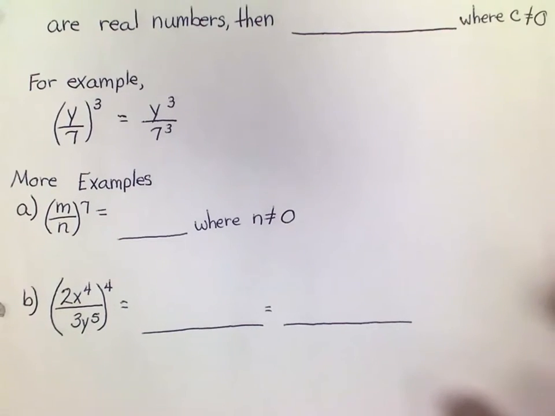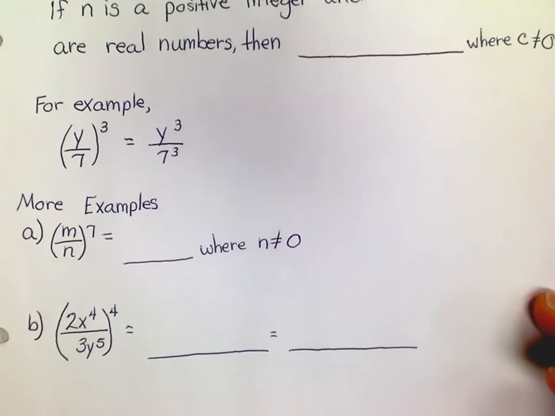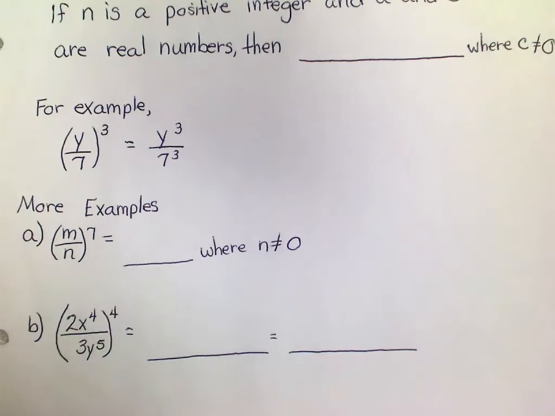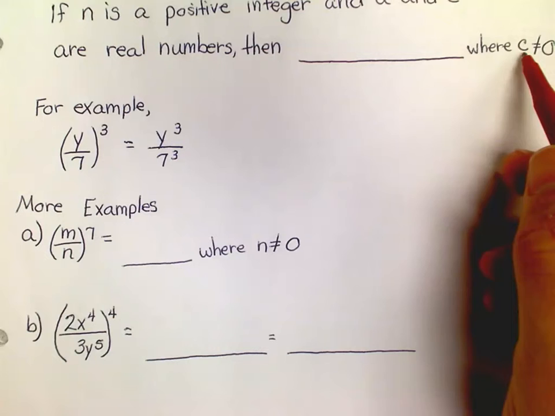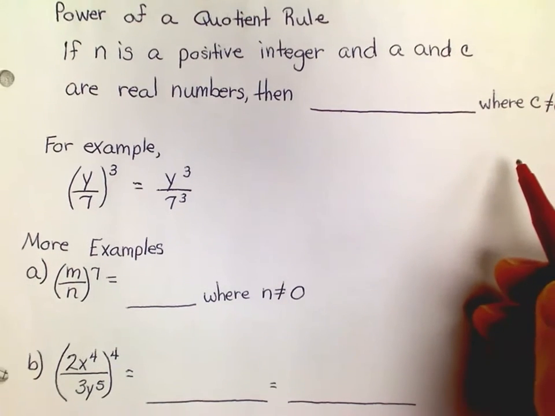Now let's talk about the power of a quotient rule. So we have, if n is a positive integer and a and c are real numbers, then something where c is not equal to 0.